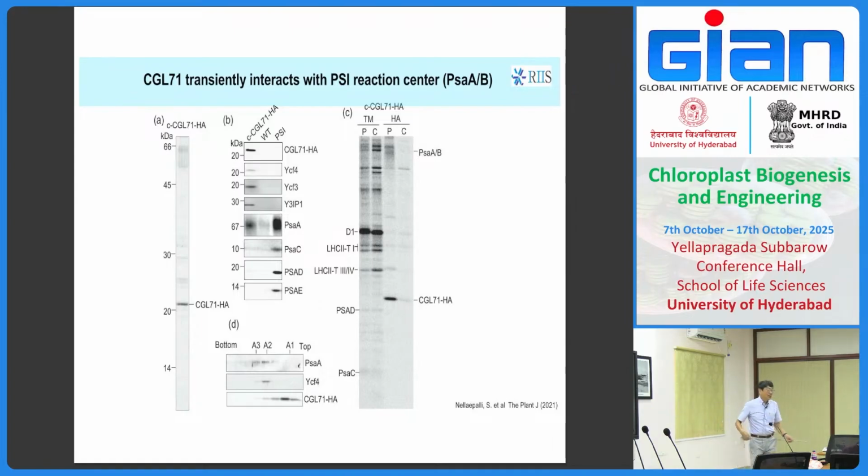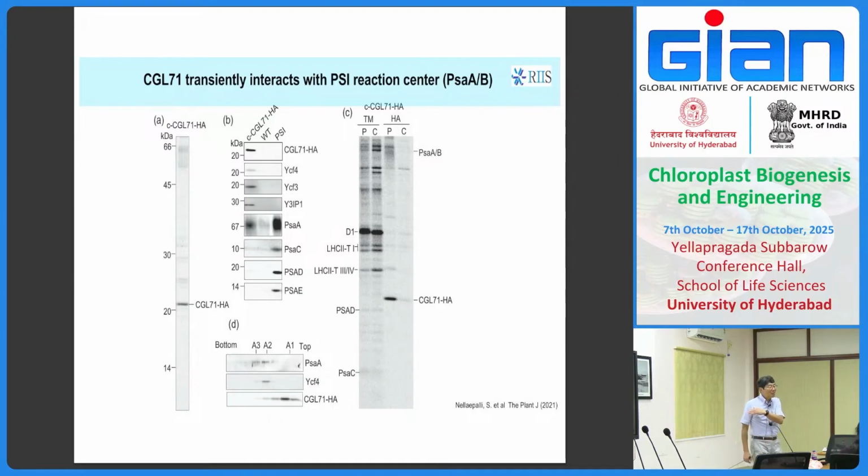This is very important. This affinity purification is so excellent. You can concentrate significantly, so the signal becomes so strong. But here, the amount of CDL71, the catalytic amount, is very low.